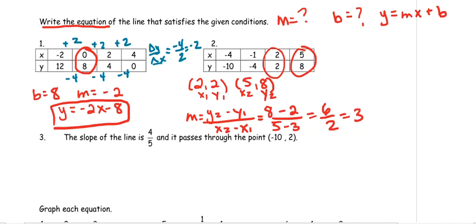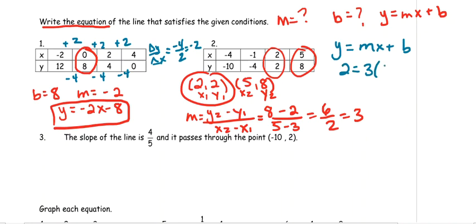Okay, now you just pick either one of these points, and I always go with the easy numbers. This is 2, 2. Those are easy numbers. And in y equals mx plus b, you can use point slope too. I just preferred this. I've told you guys that in the last set of notes. So y is 2. Your slope is 3. Your x is 2. And you're trying to find b because we don't have that value.